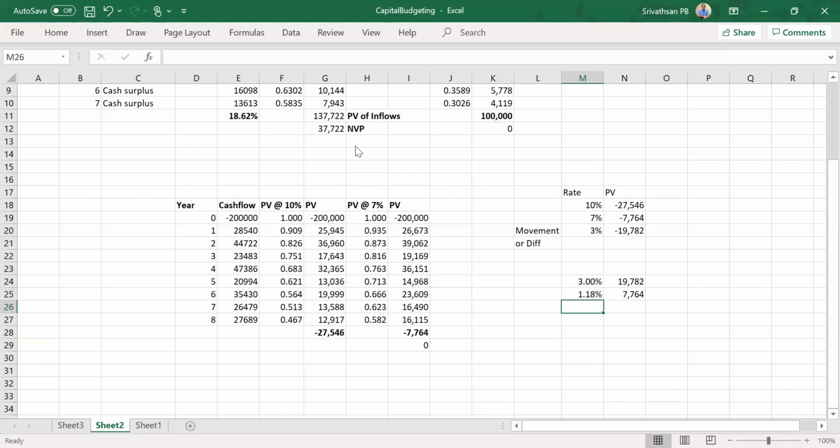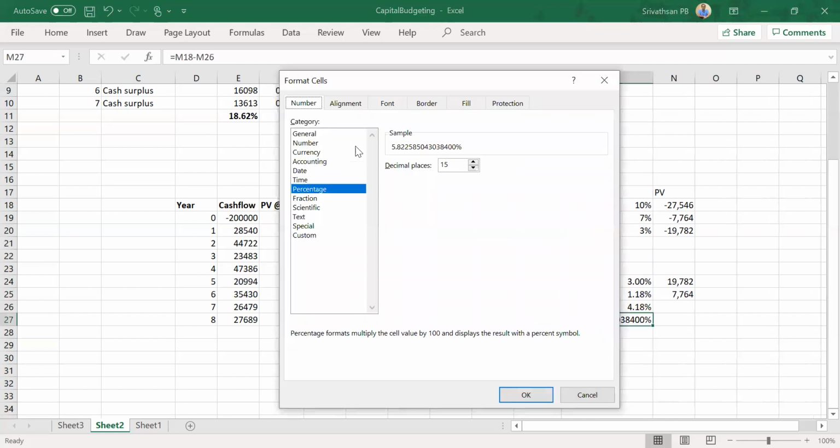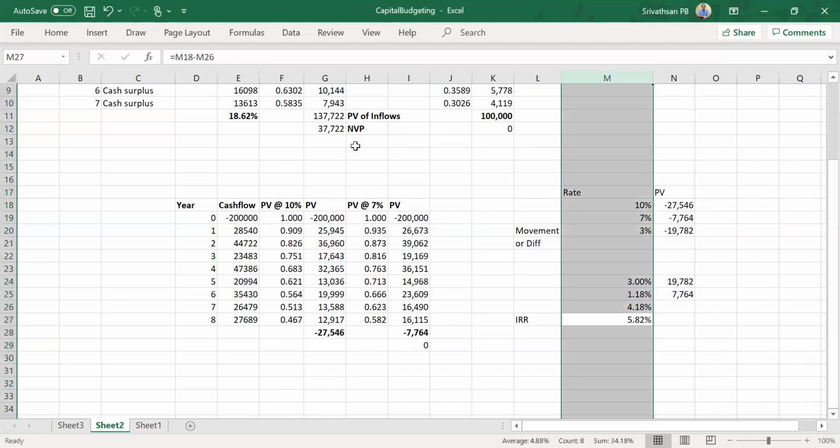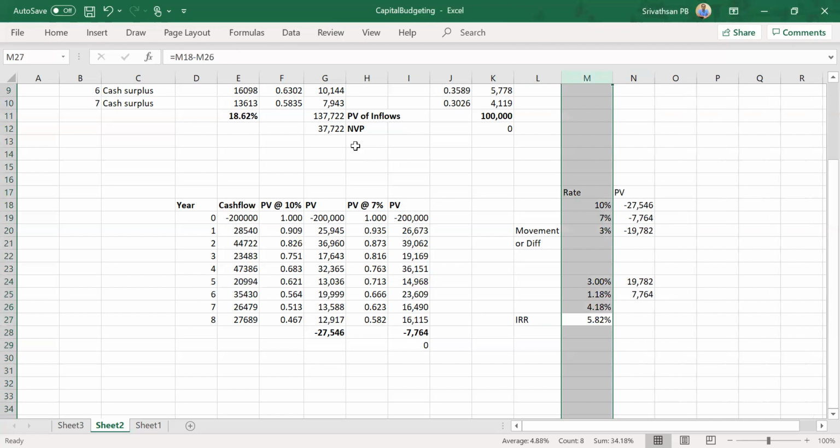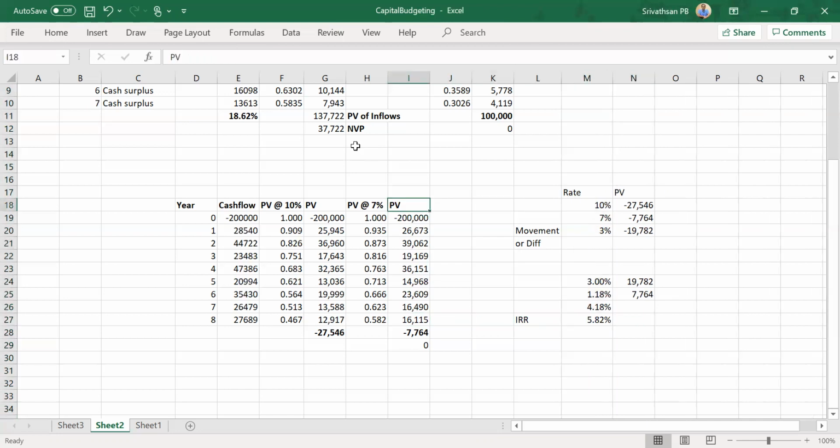So the total movement required from 10% is 4.18, which means IRR should be somewhere close to 5.82%. So let's try it at 5.82%.